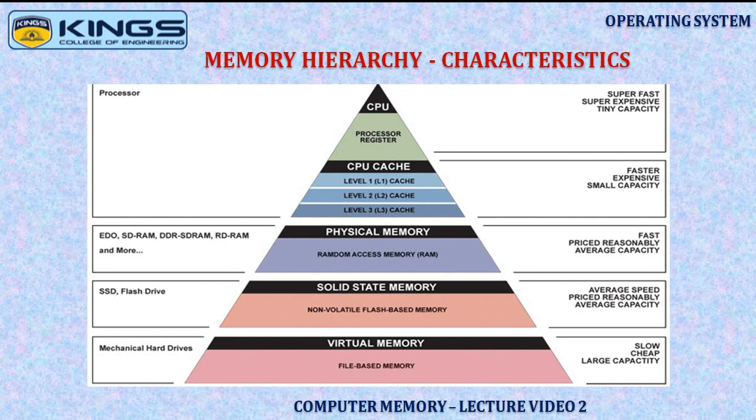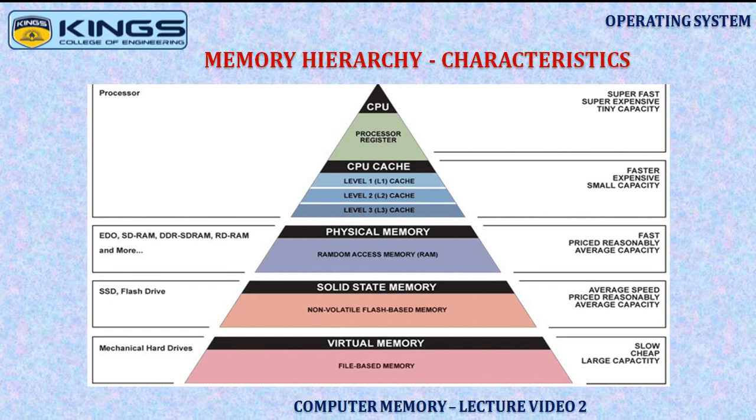So as per the memory hierarchy, when we move from top to bottom, the access time will increase. Registers provide super fast access because they are part of the CPU.